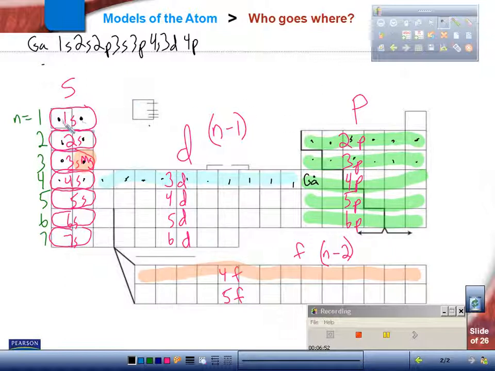So my 1s sublevel has 1, 2 in it, my 2s has 2 in it, my 2p has 1, 2, 3, 4, 5, 6 in it, my 3s has 1, 2 in it, my 3p has 1, 2, 3, 4, 5, 6, my 4s has 1, 2, my 3d has 1, 2, 3, 4, 5, 6, 7, 8, 9, 10 electrons in it. And my 4p, my last one, I only fill up that first box, so it only has 1. And so there's gallium.